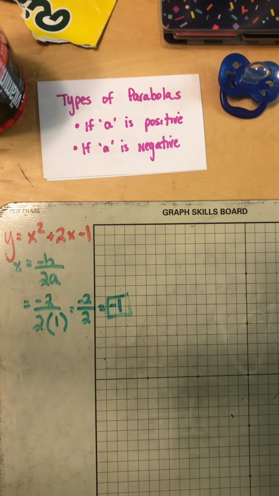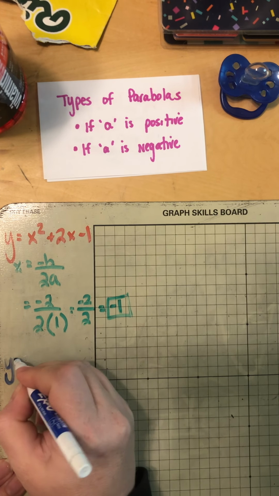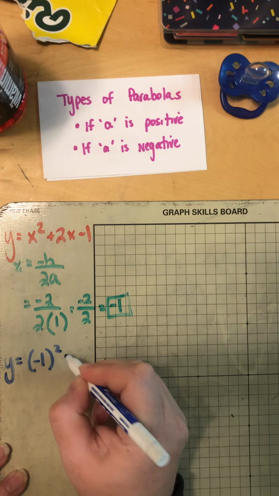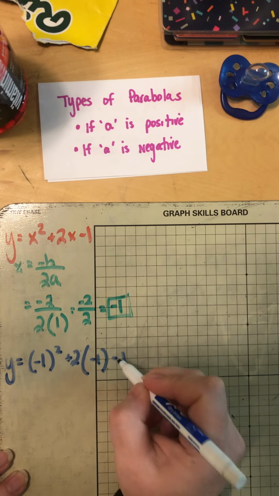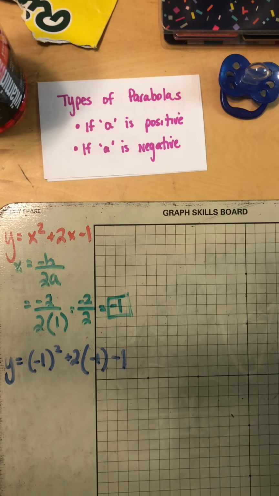So again, now you have y equals (-1) squared plus 2(-1) minus 1. Plug this into your calculator.